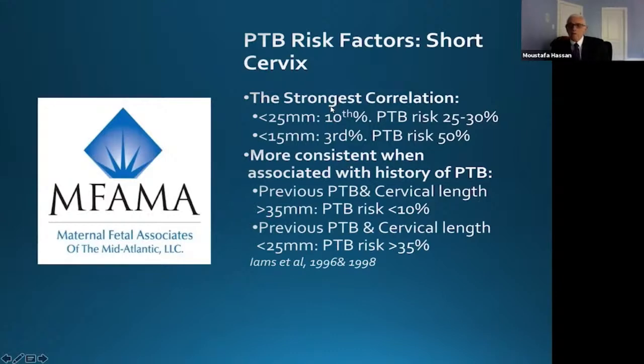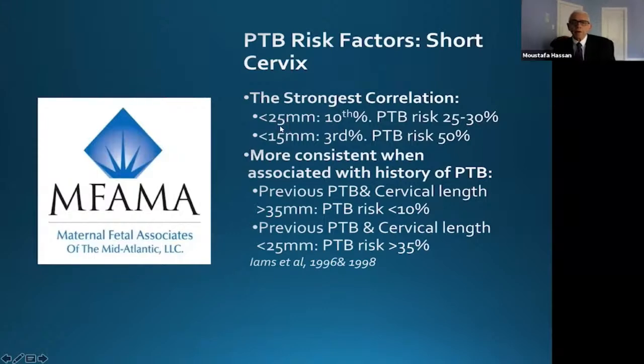Cervical length, now, this is something objective. And I hope that when I measure a cervix as 20 millimeter, other people, when they measure it, it would be somewhere between 18 and 22. So the observer variation is not going to be too high. And that usually happens if you know what you are doing.